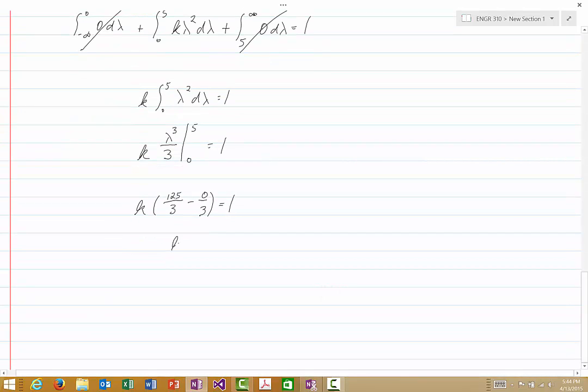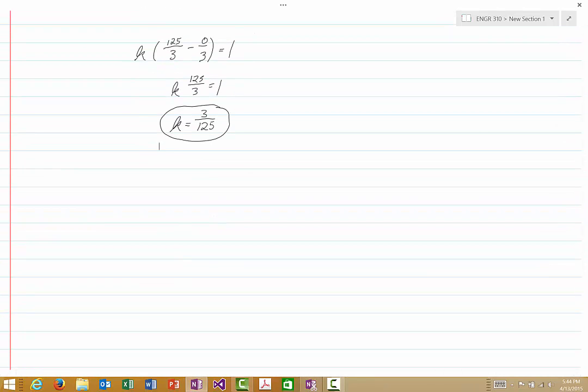Or k times 125 over 3 is 1, and therefore k is 3 over 125. So that would be the value of k for this problem. And now that we know k, we can plot. We were asked to plot little f of x.